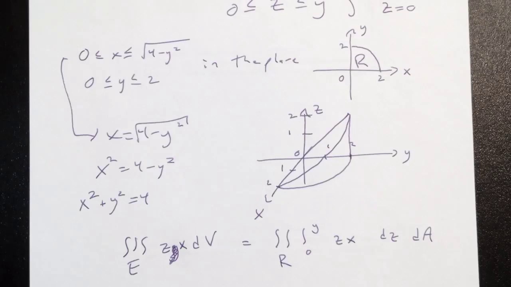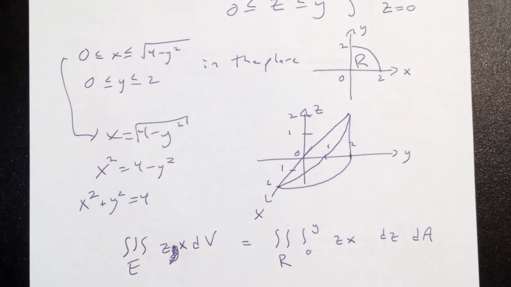What do you think the best way is to do that double integral over that region R? That would work. I could do a type 1. I could do a type 2. But it's part of a circle.